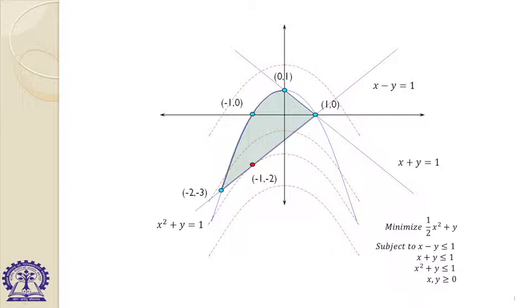Now, if I draw it, then this is the line x minus y is equal to 1. This is another line, x plus y is equal to 1. Surprisingly, the negative image has come. Okay. This is the function x square plus y is equal to 1. All right. Now, this is the objective function.